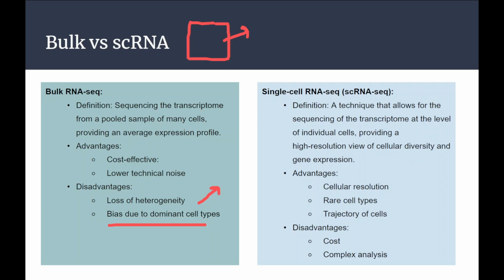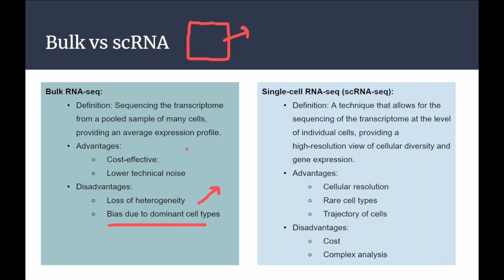That may be the case because there is bias: whatever is present in high quantity takes charge of giving the context of what the juice is made up of. So this is the disadvantage, there may be bias due to the presence of some dominant cell types. That is the same thing I was explaining with the juice example.